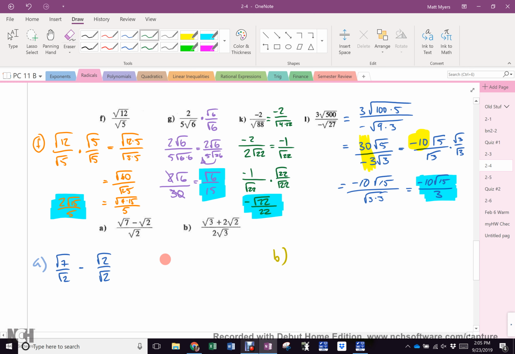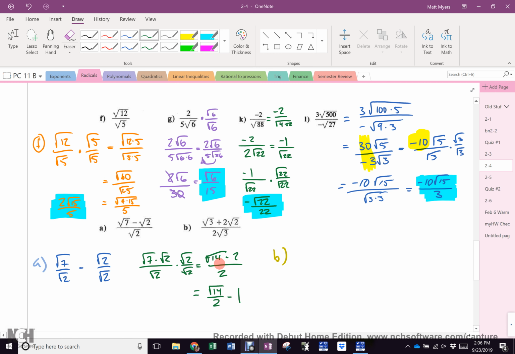Oh, why am I erasing that? And then, of course, if I were going to finish off the green one, I could leave it like this, because I got no radicals in the bottom. But I could also do root 14 over 2 minus 1.